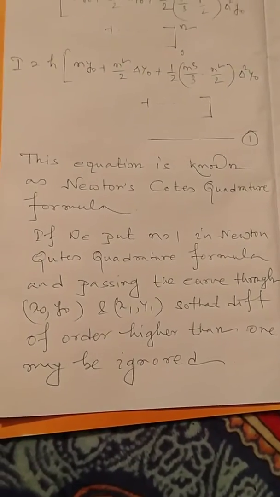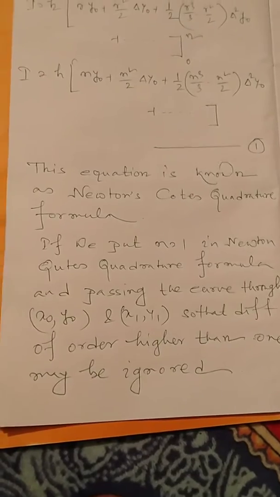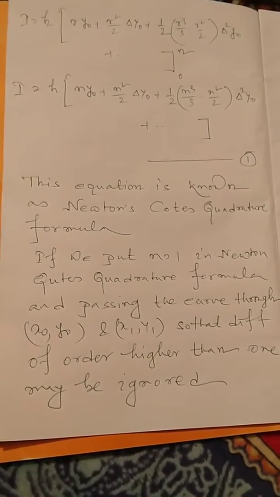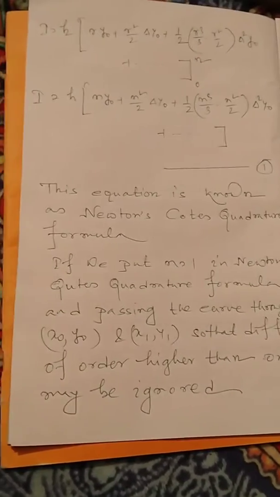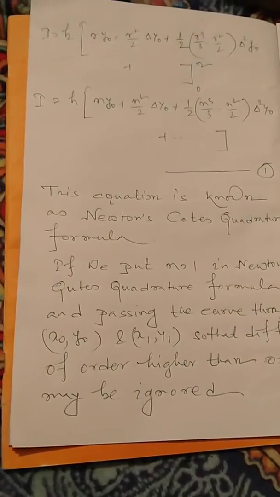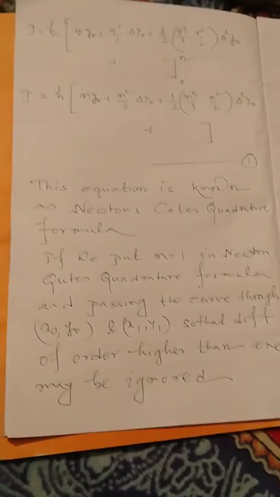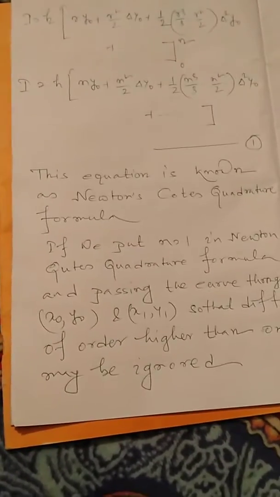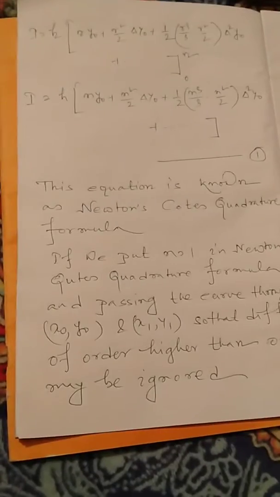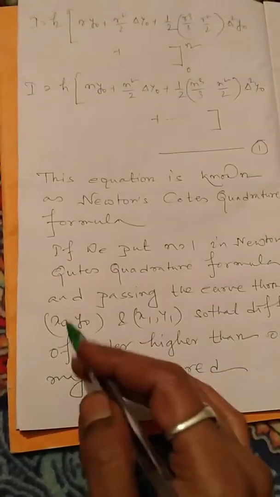So what I told, this is the Newton Cotes quadrature formula, and this is very important, and the significance is from this equation we will get trapezoidal rule, Simpson 1/3 rule, Simpson 3/8 rule; another rule is Boole's rule. So many rules are there, but we are here mainly discussing these three rules. Okay, so how will we get the trapezoidal rule? We have to write this way.